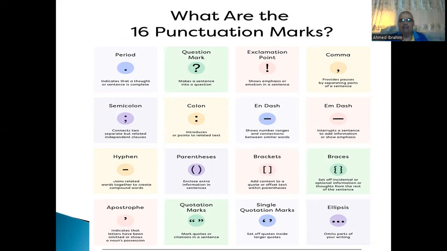You can see them all together: period, question mark, exclamation point, comma, semicolon, colon, en dash, hyphen, parentheses, brackets, braces, apostrophe, quotation marks, single quotation marks, and ellipses.